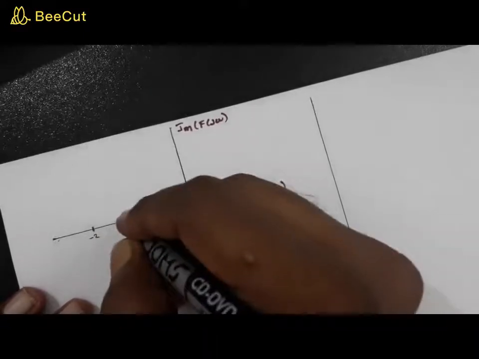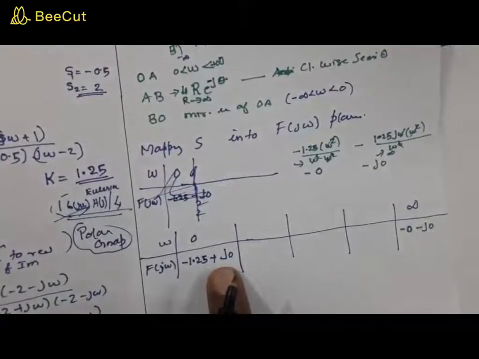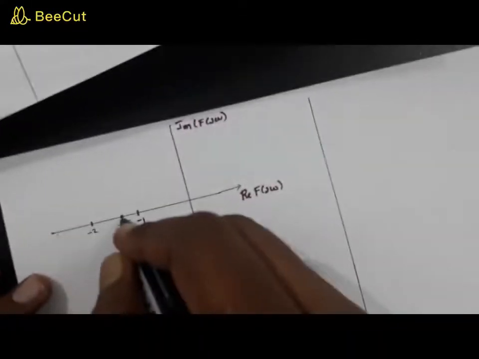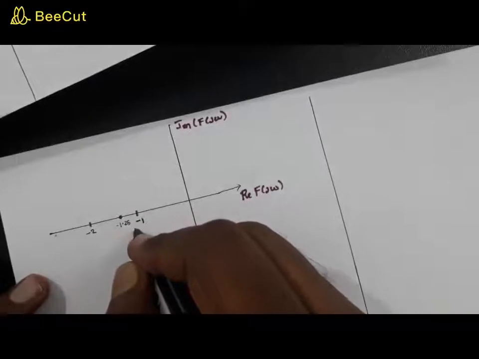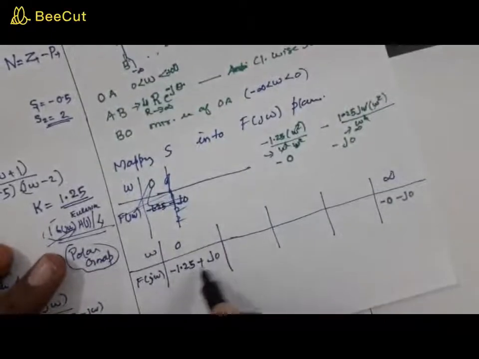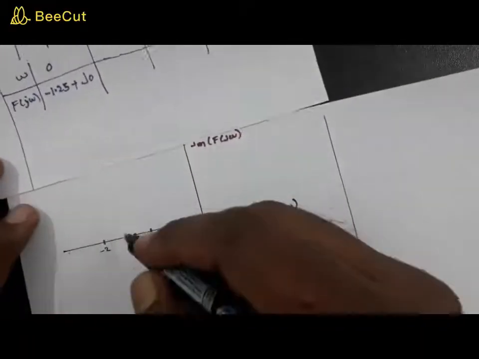But actually the graph should go this way, because of this plus j0. Hope you understood. If it would have been minus j0, it would start from the same point but go downward.